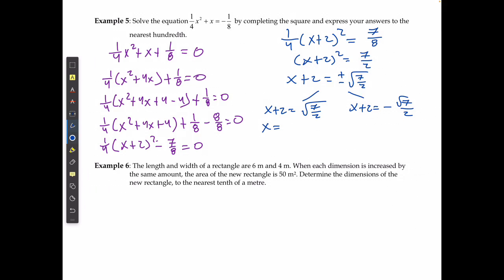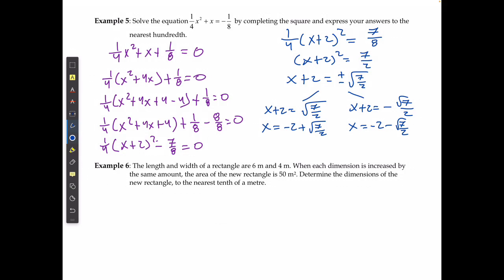This means that x is going to equal negative 2 plus root 7/2, and this side is going to mean that x is equal to negative 2 minus root 7/2.